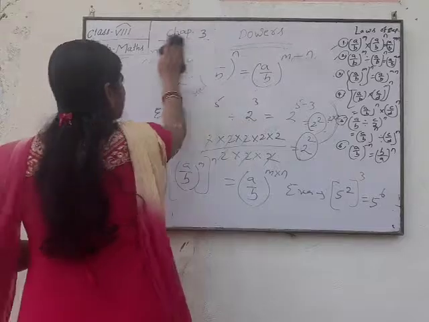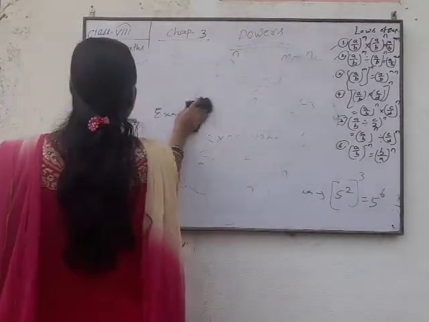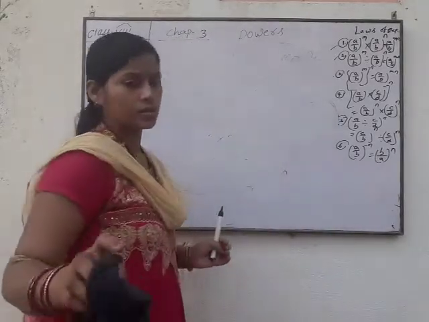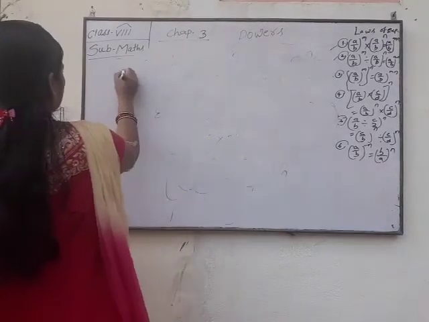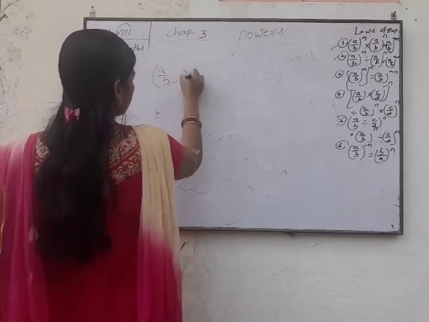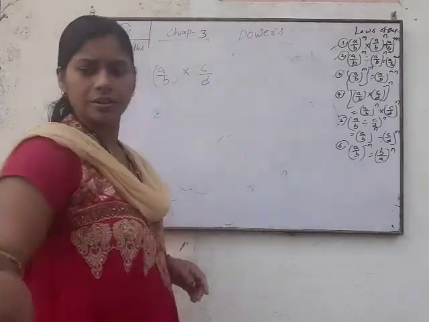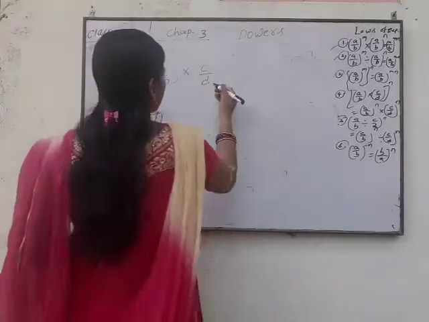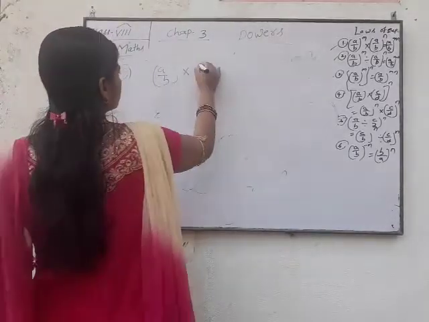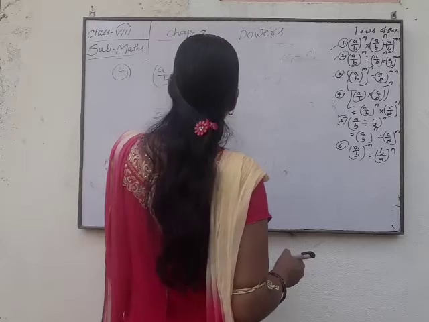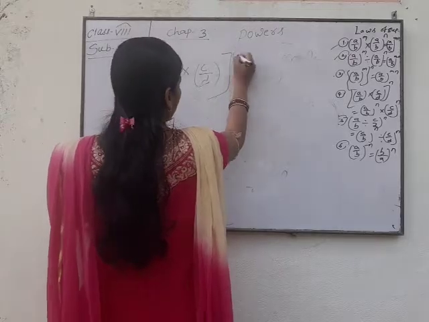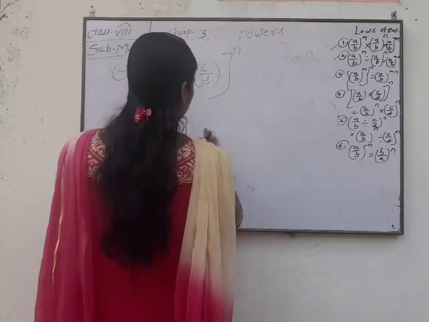And fourth law is, your fourth law is a by b into c by d, here a by b into c by d whole to the power n.